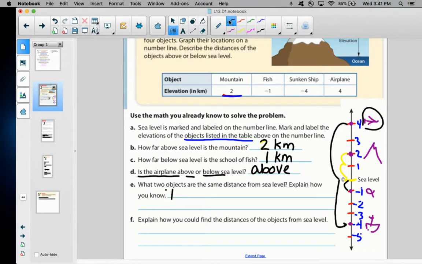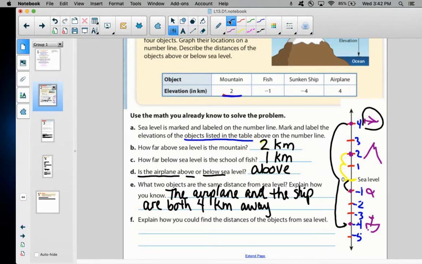So the airplane and the ship are both 4 kilometers away from sea level.